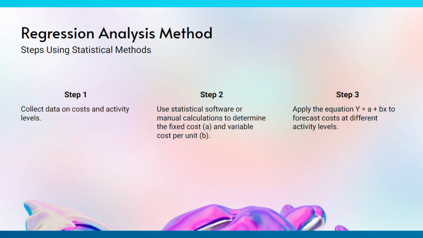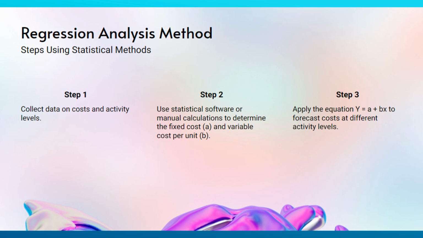Step 2, you use statistical software or manual calculations to determine the fixed cost a and variable cost per unit b. Since we are solving it, we are going to be using the manual calculations, and then we apply the equation to forecast cost at different activity levels.